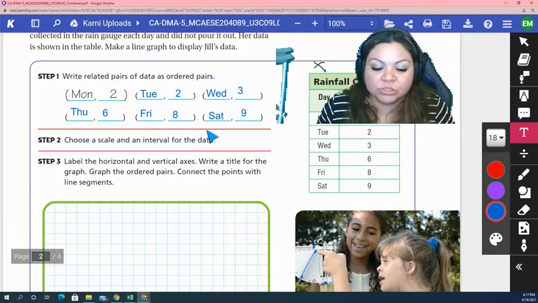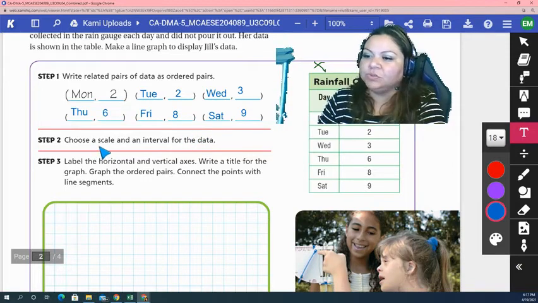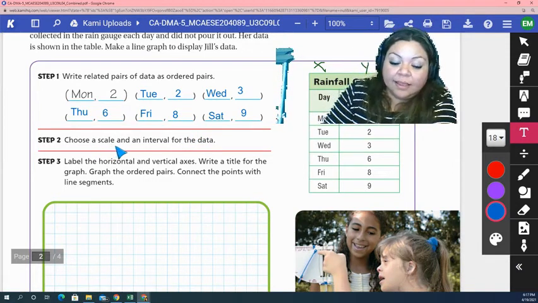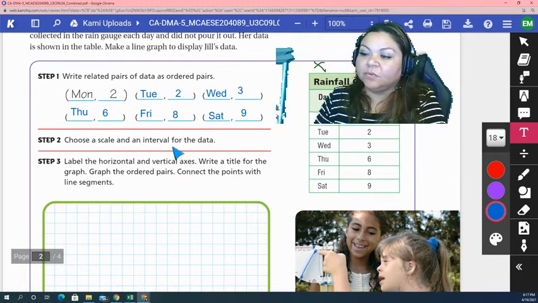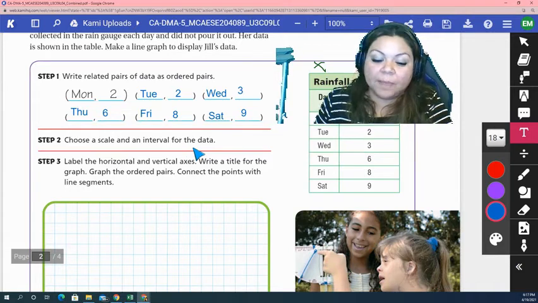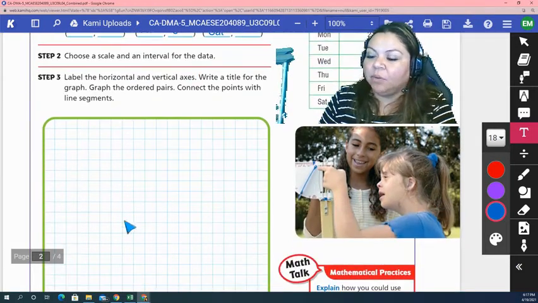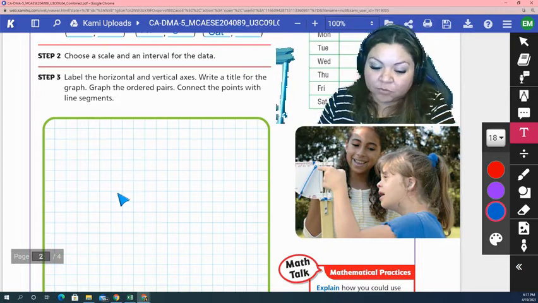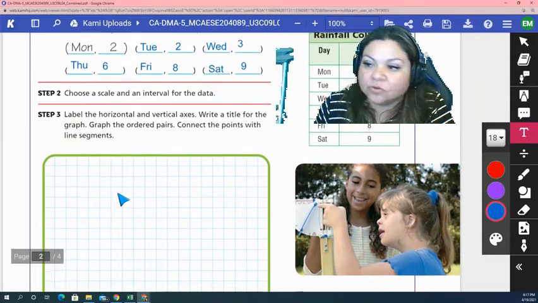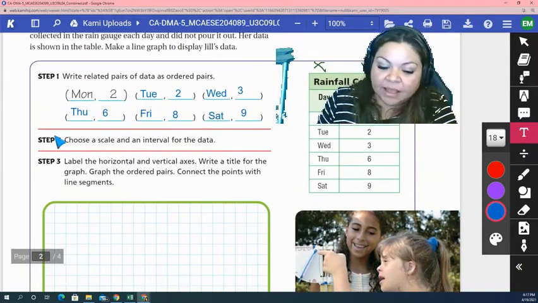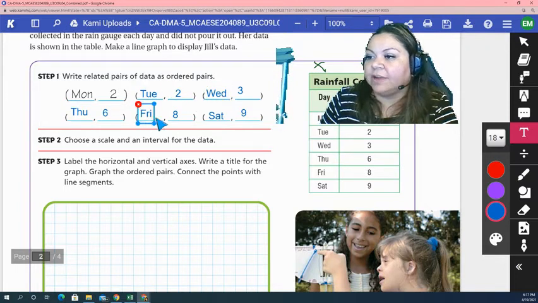And what we want to do now is choose a scale. You want to choose a scale and an interval for the data. So basically, we want to determine how we're going to display this in a graph, a line graph. So definitely, on one side I will have Monday, Tuesday, Wednesday, Thursday, Friday, and Saturday.